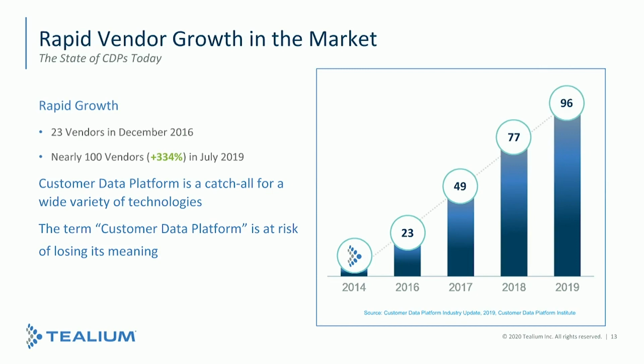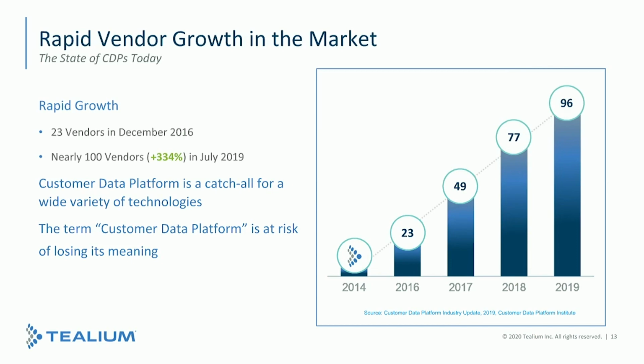Now we're seeing almost 100 different technologies that call themselves a CDP. What that tells us is that there is a huge potential for organisations in terms of the capabilities that a CDP brings, because we wouldn't see that many technologies in this space in such a short period of time unless there was a huge potential for gain in that particular category.